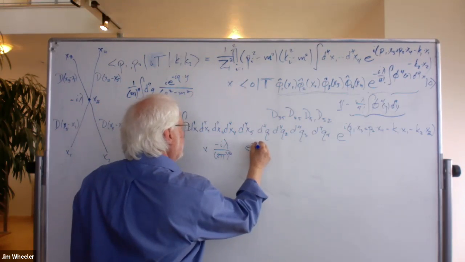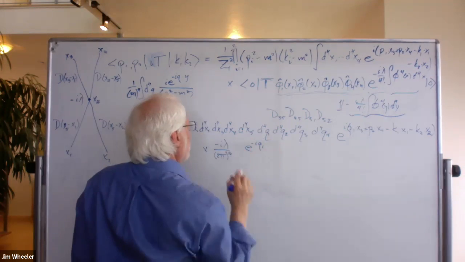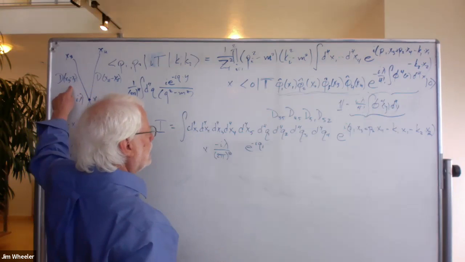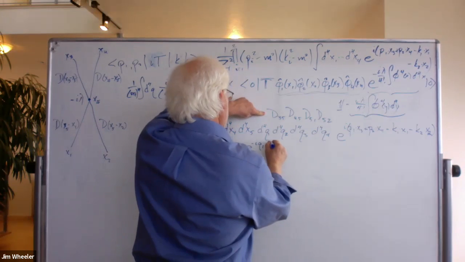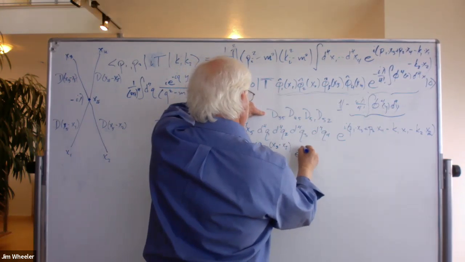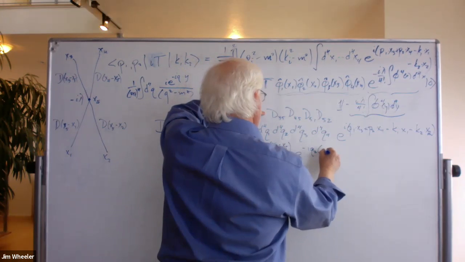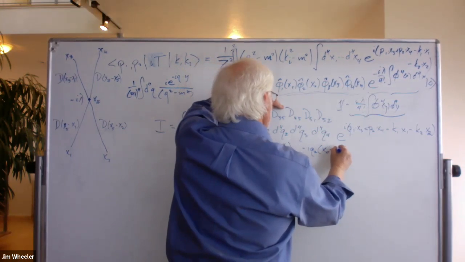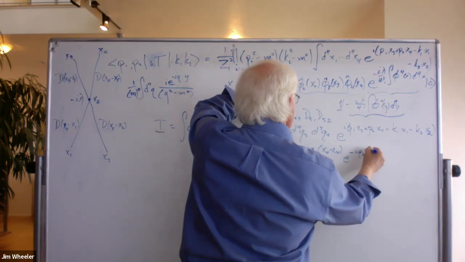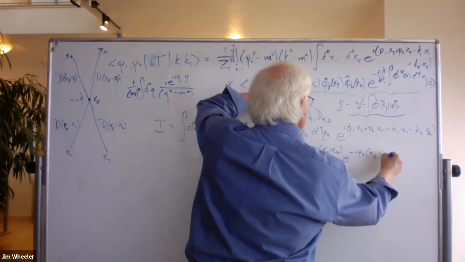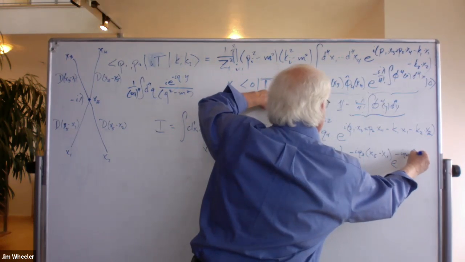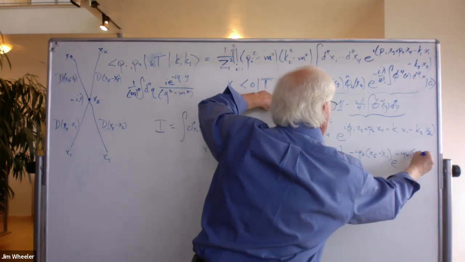E to the minus I Q1 dot, well, any of these. So here I can write x3 minus x5, e to the minus I Q2, x4 minus x5, e to the minus I Q3, x5 minus x1, e to the minus I Q4, x5 minus x2.